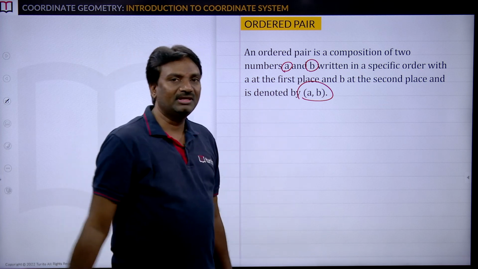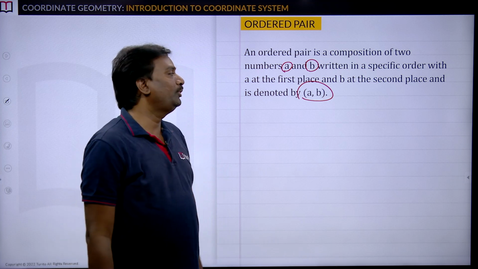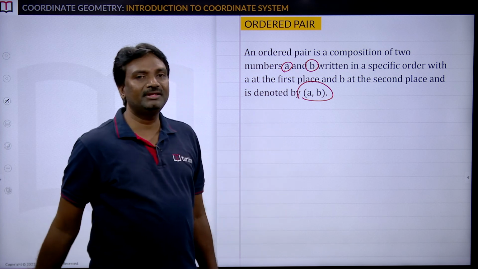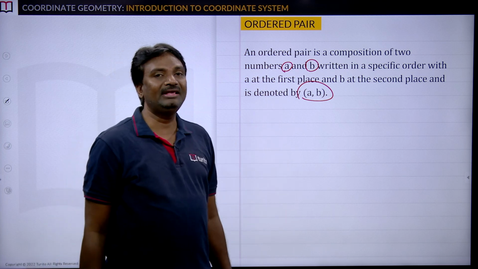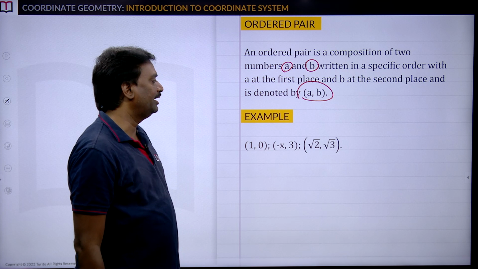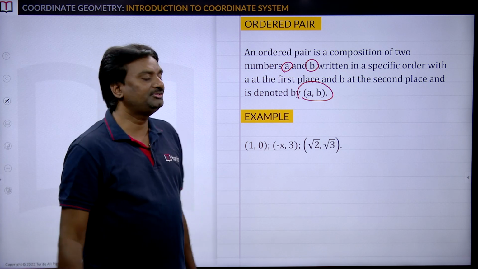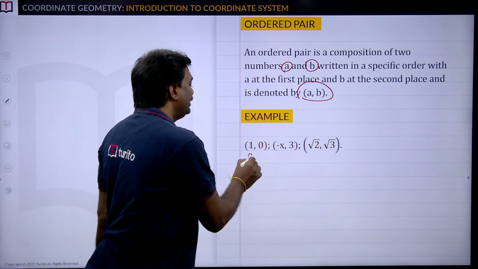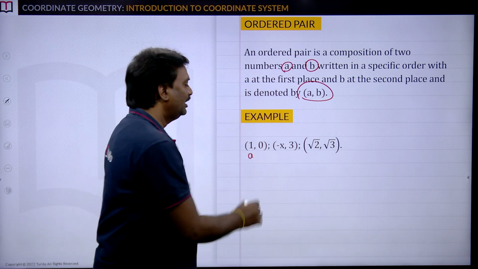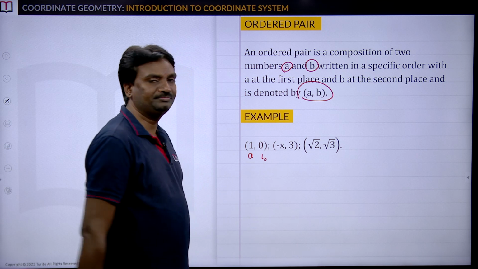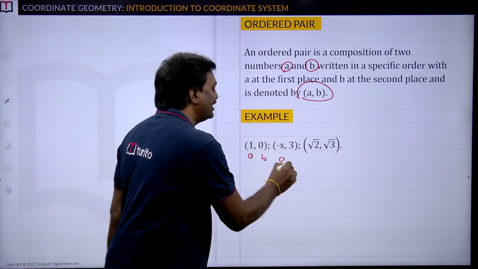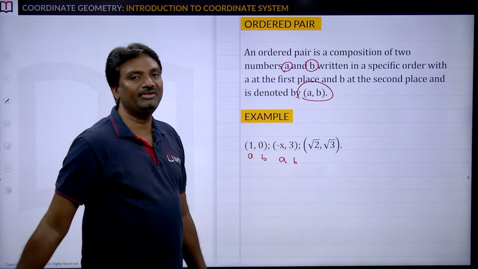Observing this bracket, we have two numbers, A and B, where A is in the first place and B is in the second place. Now, let us take an example: (1, 0). If you compare (1, 0) with (A, B), in place of A we have 1 and in place of B we have 0. If you take (-x, 3), in place of A we have -x and in place of B we have 3.